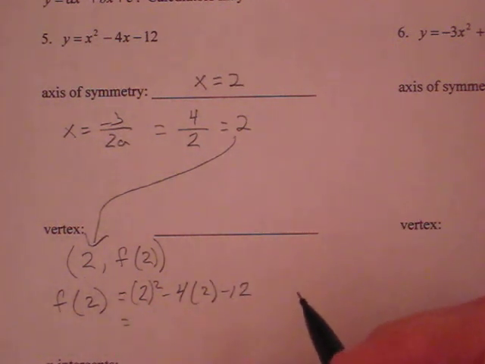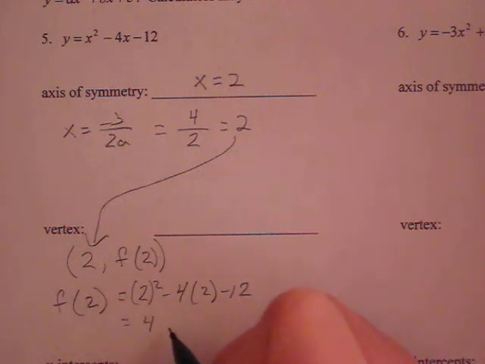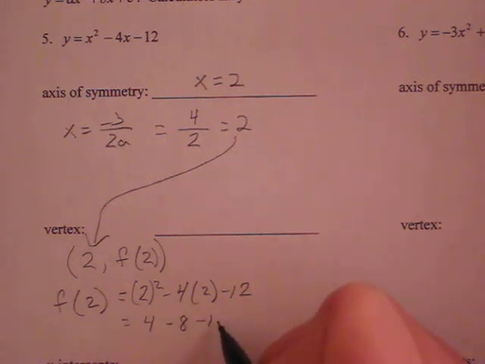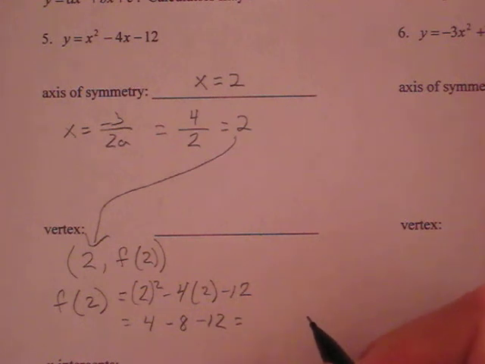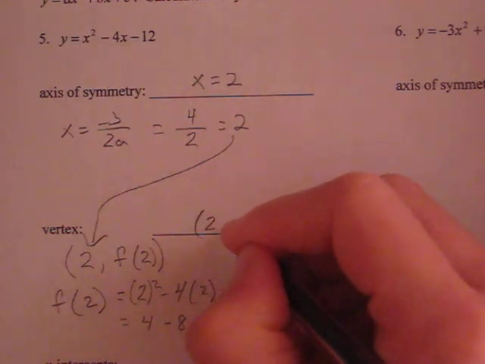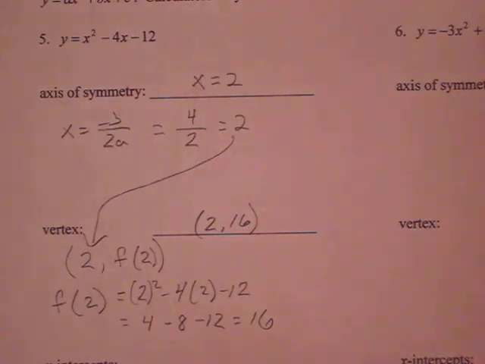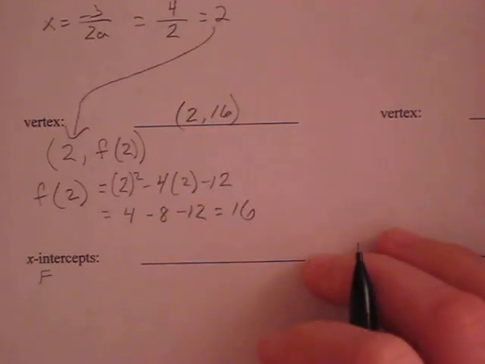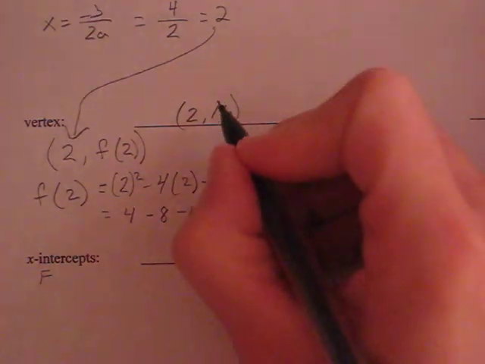When you work this out, you get 4 minus 8 minus 12, and that equals 16. So my vertex is going to be 2, 16. I'm sorry, this is negative 16.